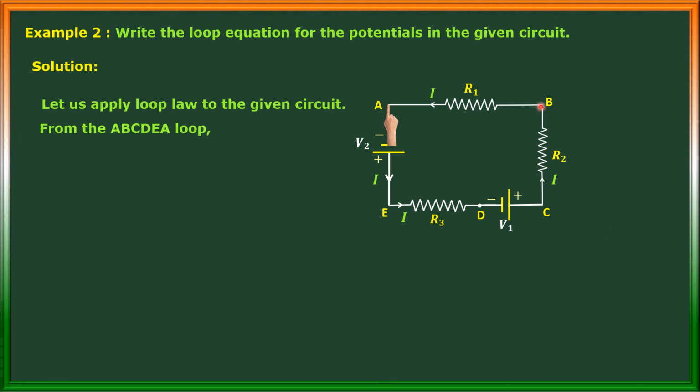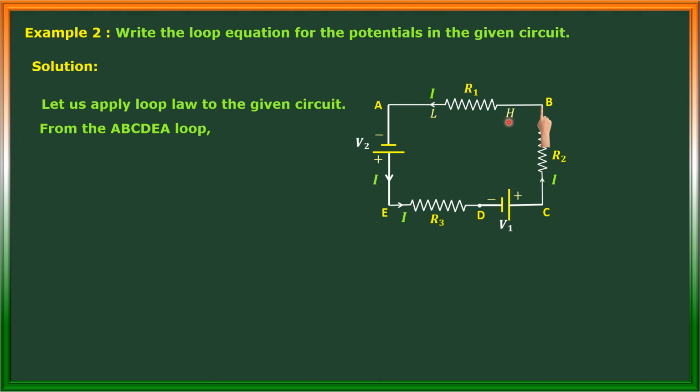So current is flowing towards left. That means this point is at higher potential, this point is at lower potential. We know that current always flows from a point of higher potential to a point of lower potential. So see here, I have moved from L to H, lower potential to higher potential.